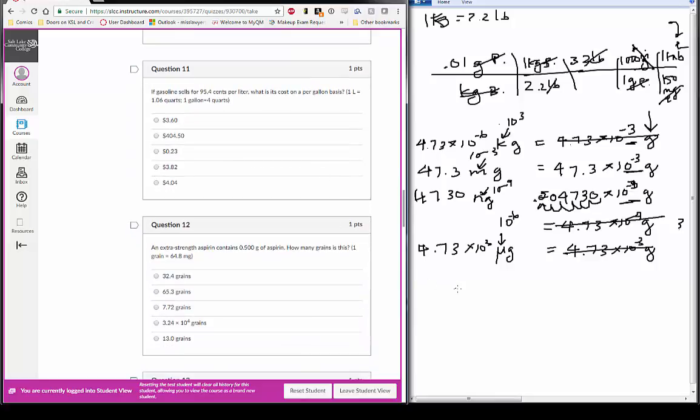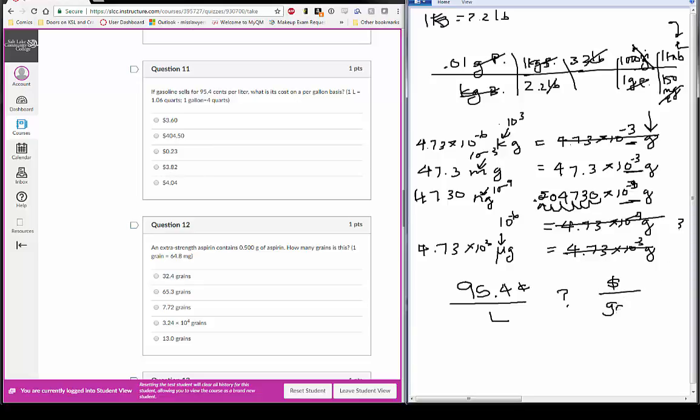Next, if gasoline sells for 95.4 cents per liter, and remember, anytime they say per, that means divided by. They want to know what this is on a cost per gallon basis, and you can see here they give dollars, so they want dollars per gallon.